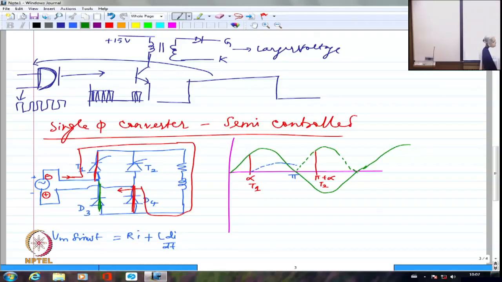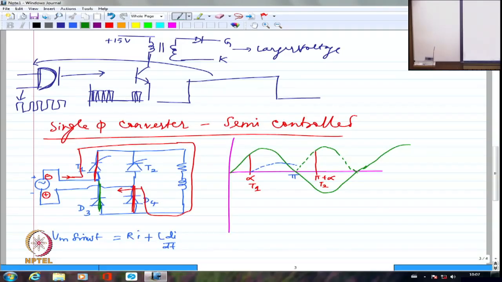And this is anyway connected to minus. So D4 sees that itself is reverse biased. The moment D3 gets into conduction, D4 gets reverse biased because D3 is a short circuit. This minus comes to the anode of D4 and this plus comes to the cathode of D4. So D4 is completely switched off.